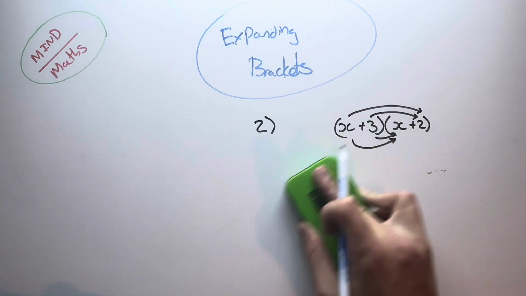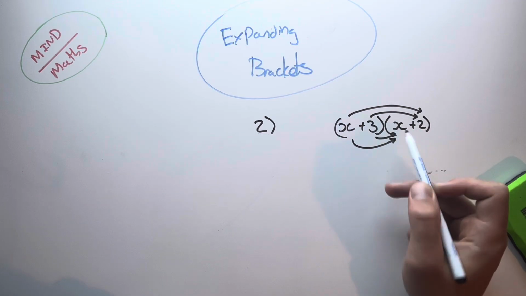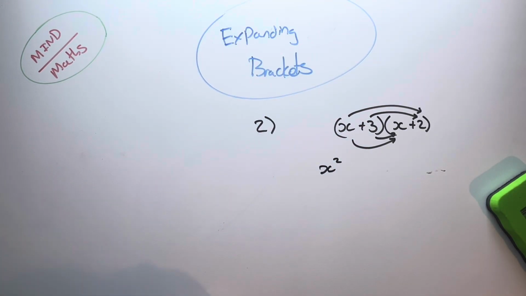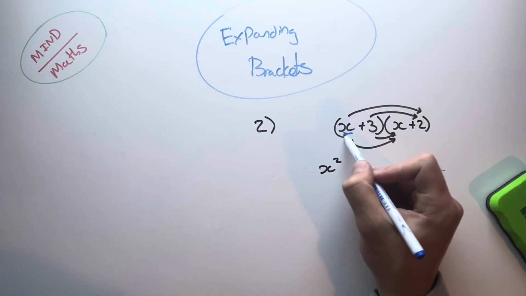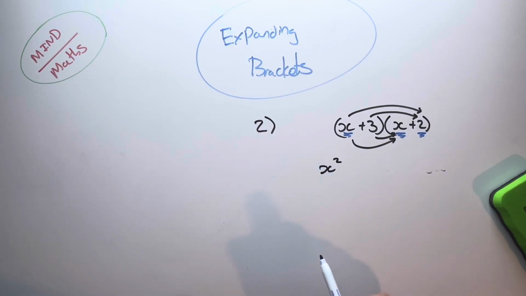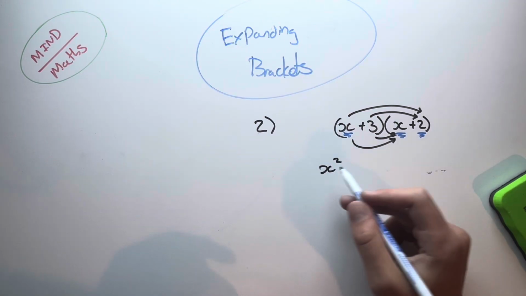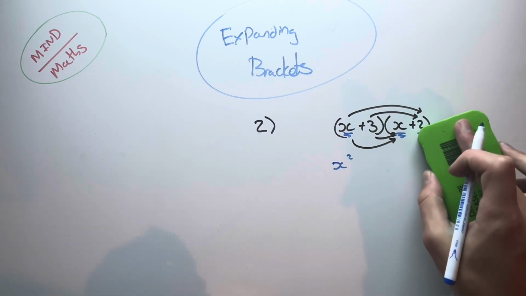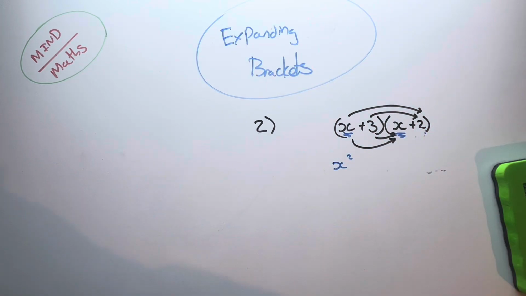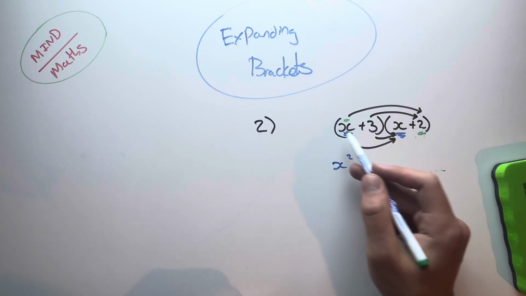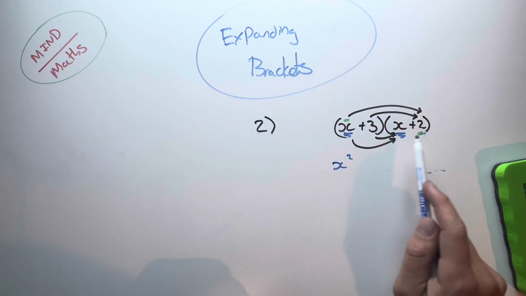Now, back to this equation. You can see we've got an x squared as this value. I'll get a different coloured pen here. This value will times by this value, and I'll also times by this value here. So we've got x squared, which we'll do in blue, and then the x is also times by the 2, because you need this x to times by both terms in this bracket.